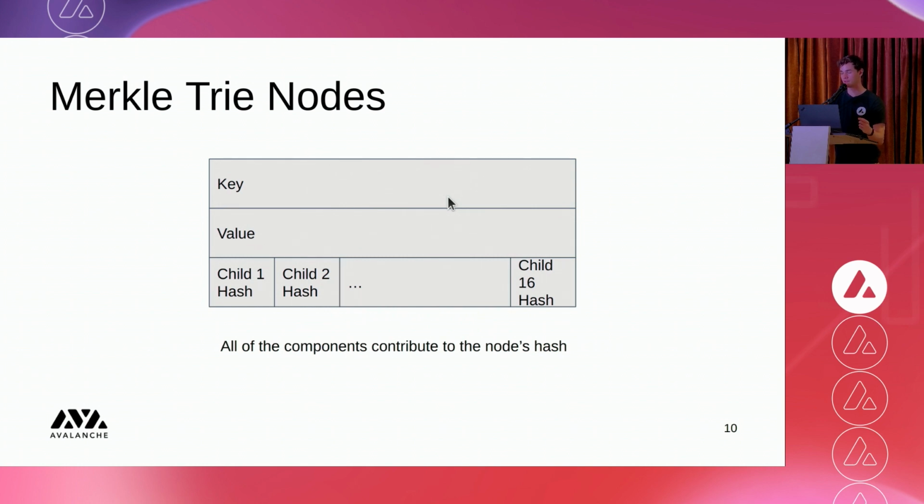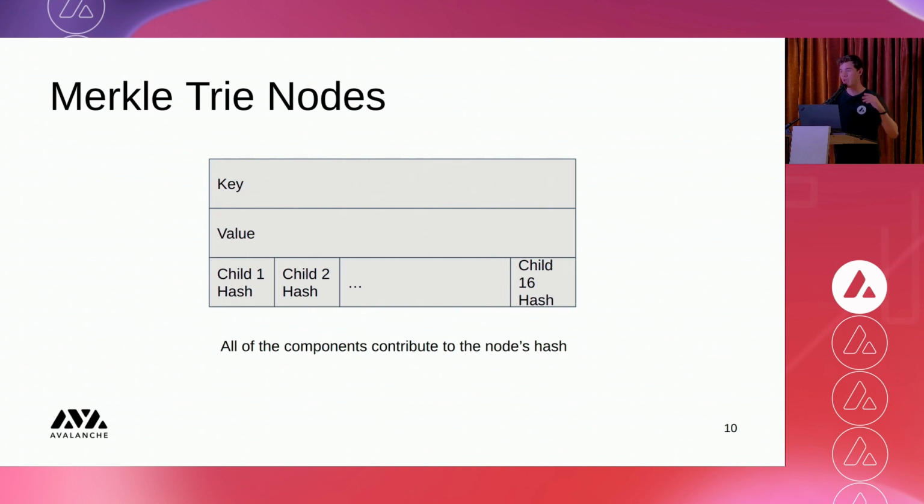What it means is the child's key extends this node's key, because by definition in a radix trie, every node's ancestors are a prefix of the node. So for example, if this key is the byte slice 1, 2, 3, then its child's key must start with 1, 2, 3.